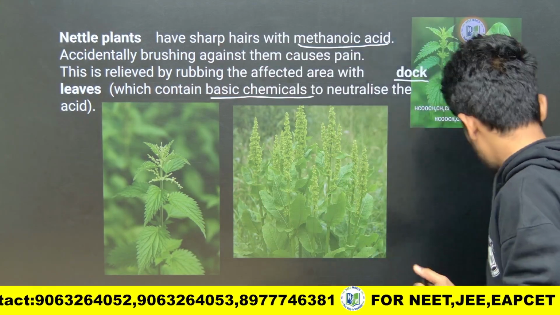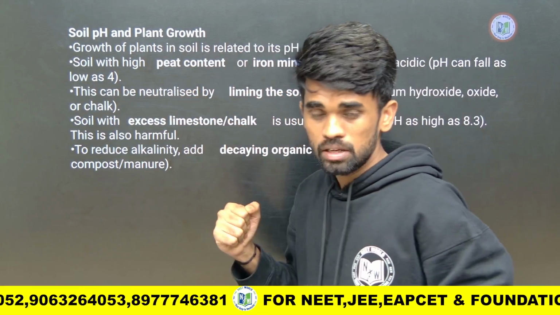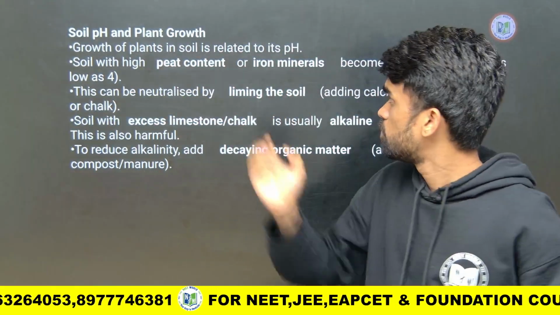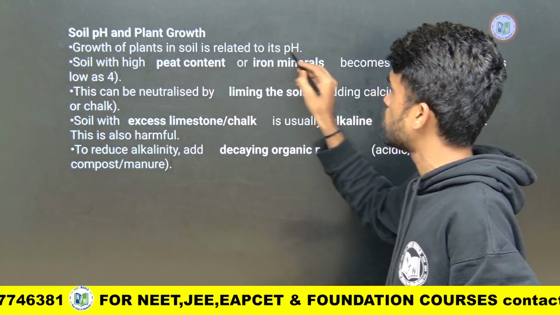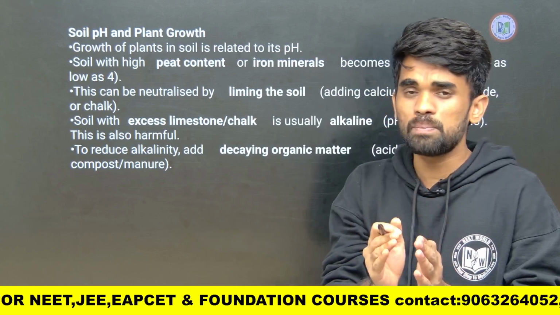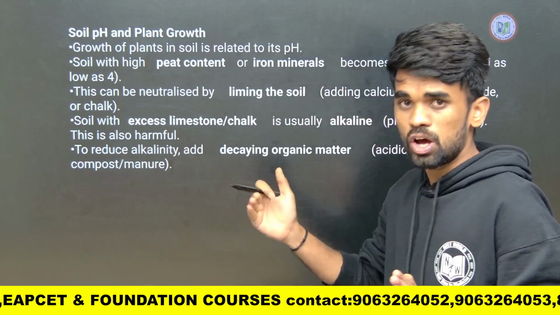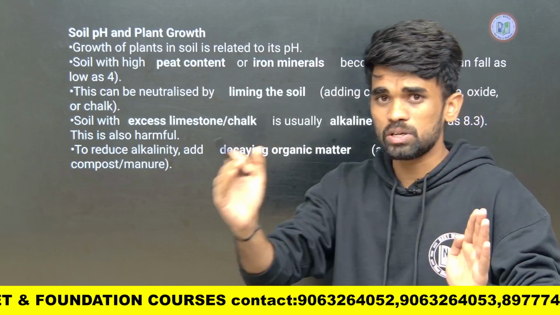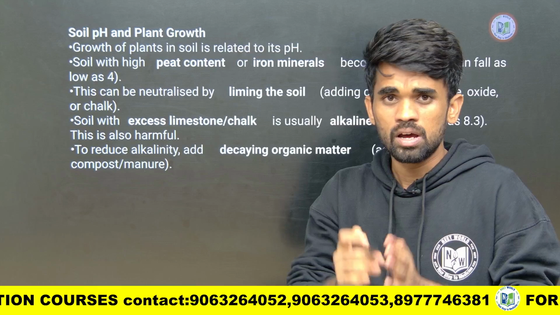Okay, next here, what about the pH of soil and how is it helpful for plant growth? So growth of plants in soil is related to its pH. It requires some suitable pH for different crops, right? For a particular crop, a particular pH value range will be suitable, to have proper crop production.